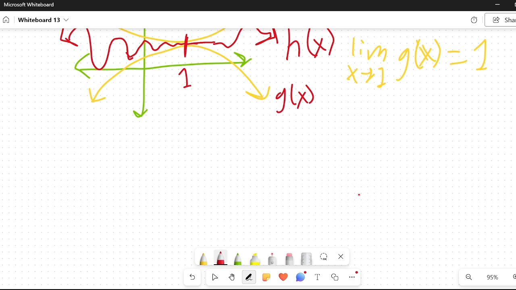The limit as x approaches c of some constant is just equal to that constant. The limit as x approaches c of x itself is equal to c. And the limit as x approaches c of x to the n is just c to the n. Of course, we can prove this with epsilon delta, but we don't need to do that in this case.